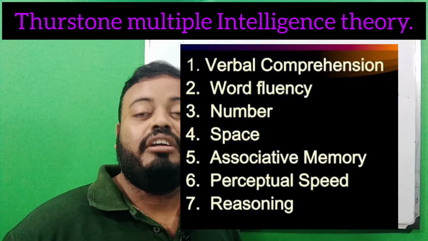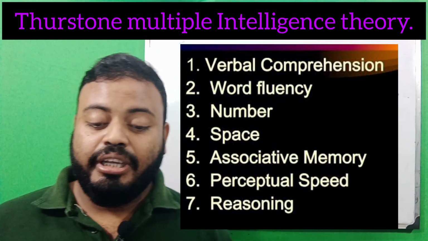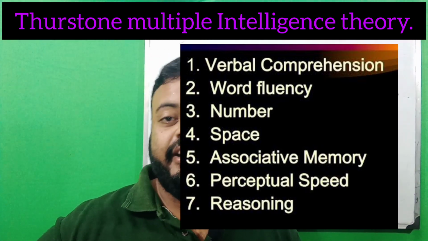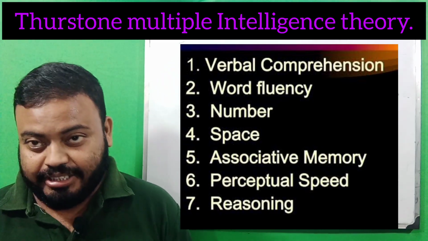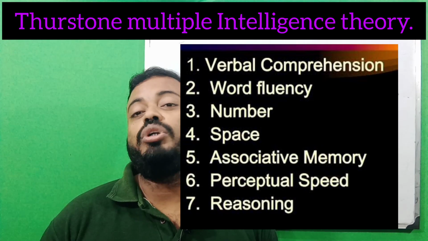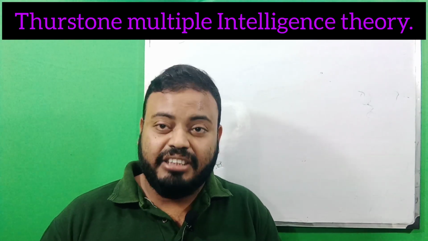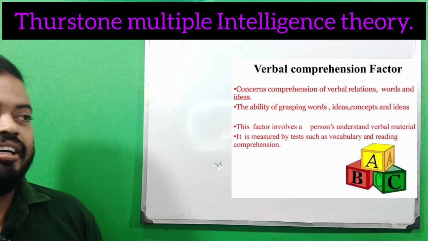So Thurstone listed these 7 types of components of the intelligence factor. We will learn these factors separately. At first, the verbal factor.